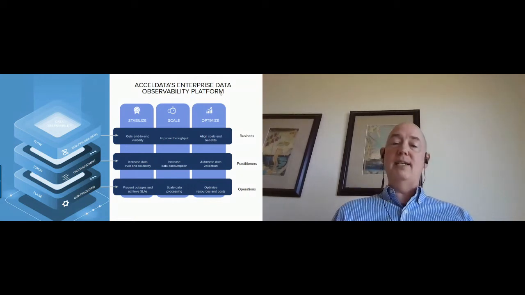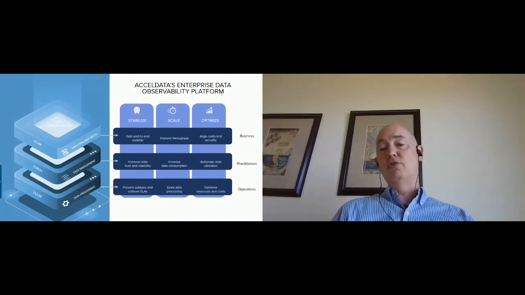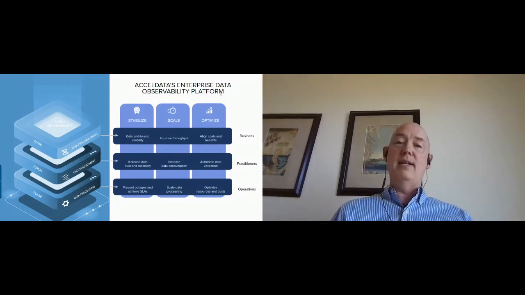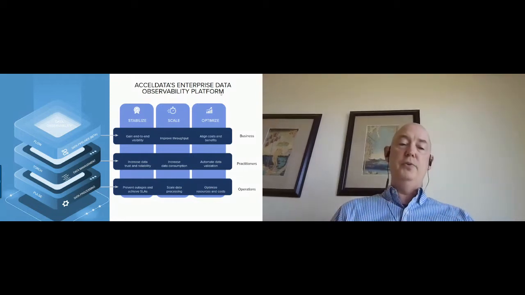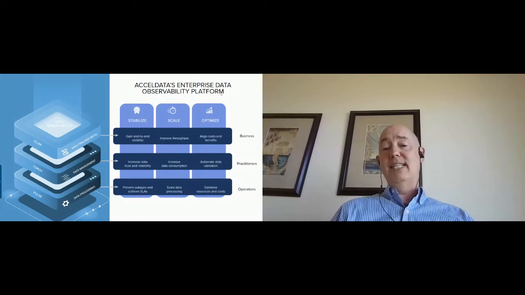We help identify bottlenecks and other things that inhibit your ability to scale your data processing, whether it's in R&D, developing new machine learning models, or when you're rolling into production at scale. And lastly, we identify areas to improve efficiency, to reduce the amount of resources consumed and therefore your cost. When we move up to the next level, insight and observability into the data itself.